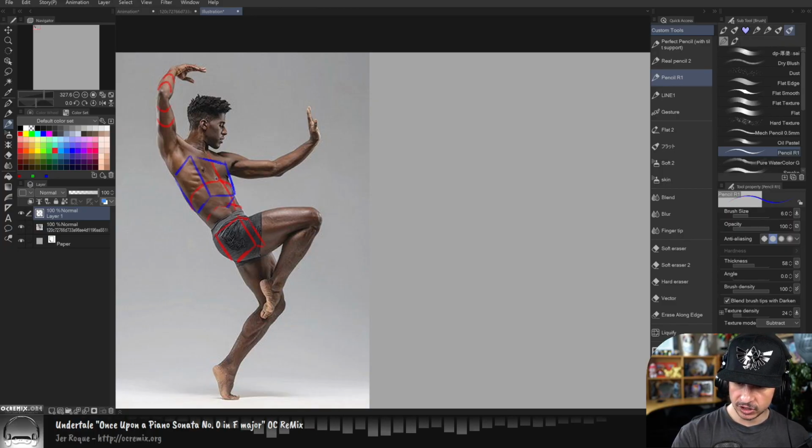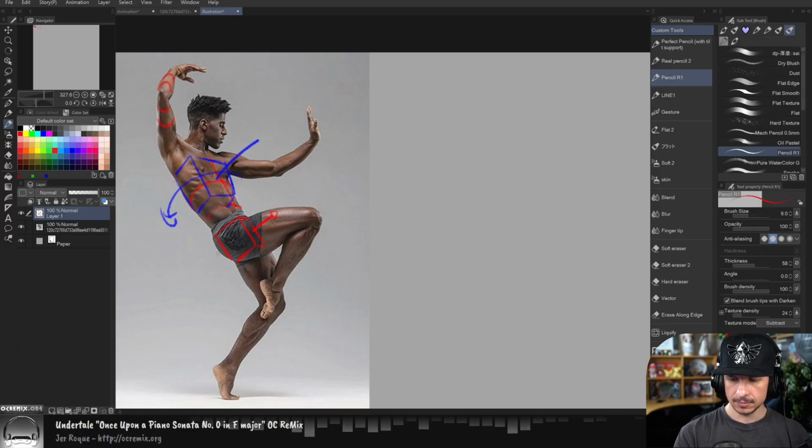So the front of the chest is kind of pointing out this way. Front of the hips is that way. And you can see that there's more twist happening right there. So this is twisting that way.